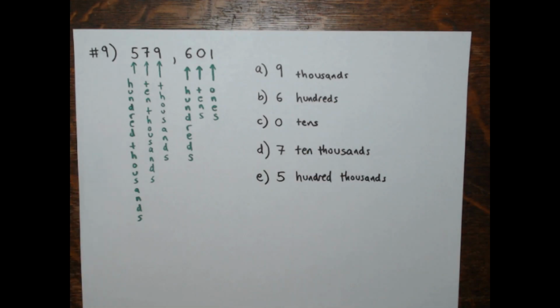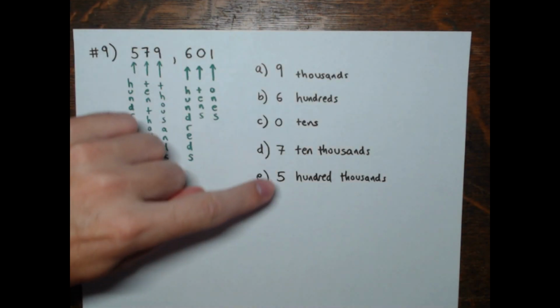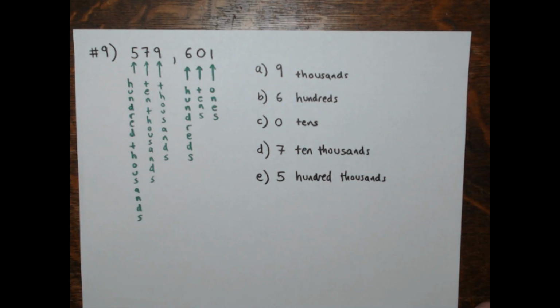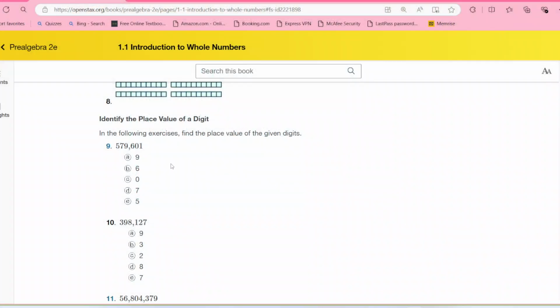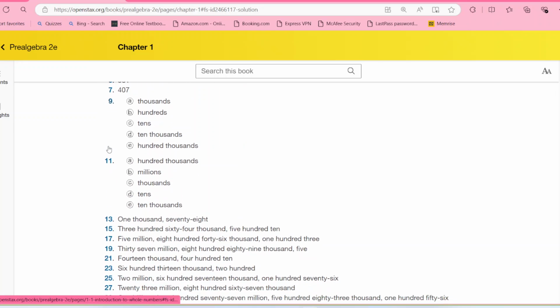Now this is an odd numbered problem, so we can go and actually see the answer key, verify this for ourselves with the book. I just go back to the exercises, click on the link on the number. All the odd numbered problems have this in the OpenStax text. Takes me to the answer key.